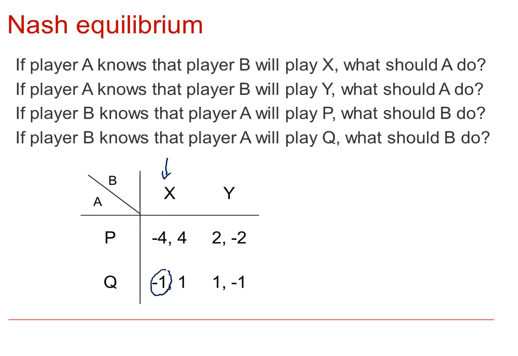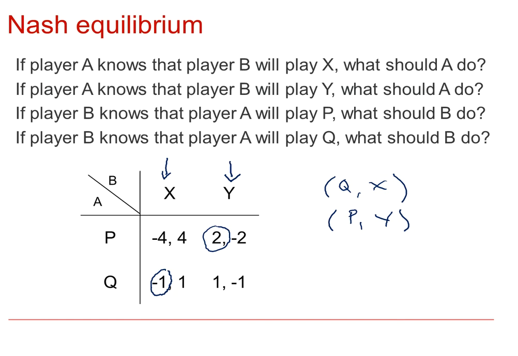So, choosing the least worst option, you would then have a QX choice. If player B was going to play Y, A would again consider and say, do I want to win 2 or win 1? And would choose to win 2. And therefore you would have that ordered pair as the choice.